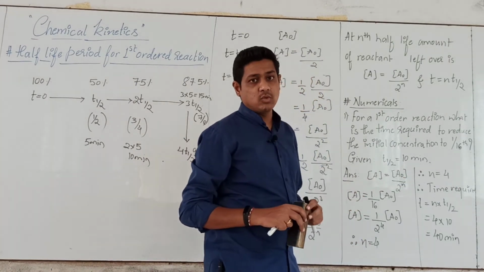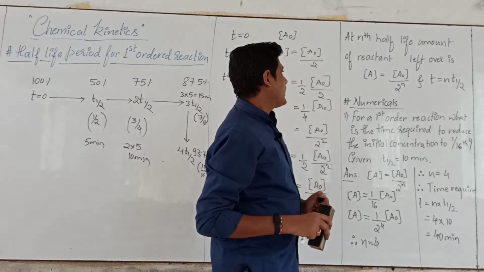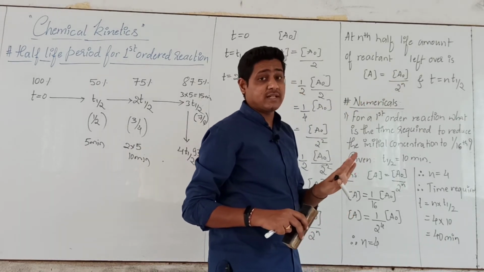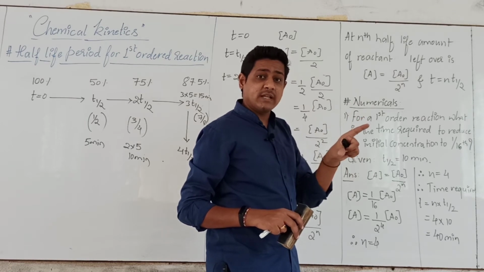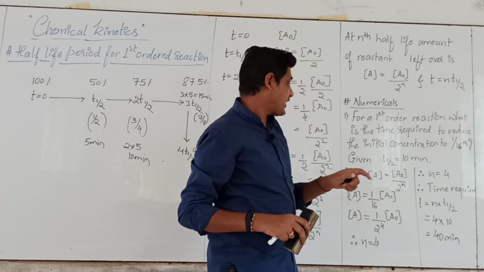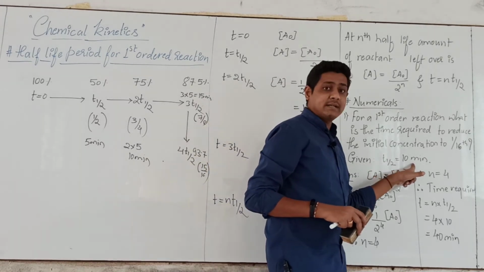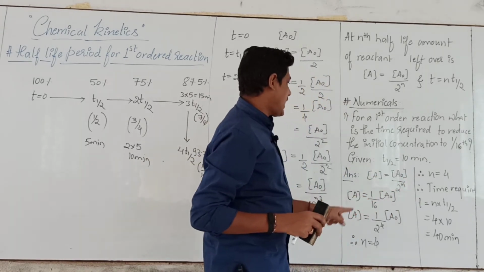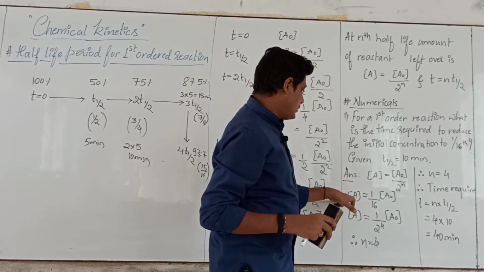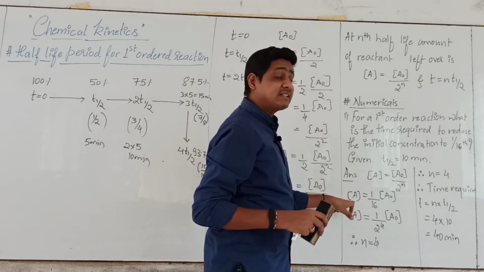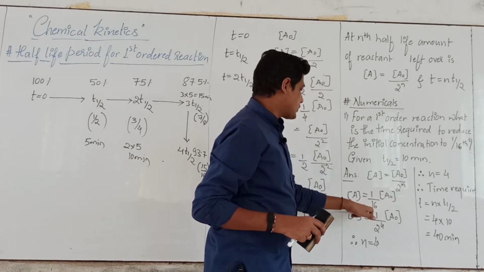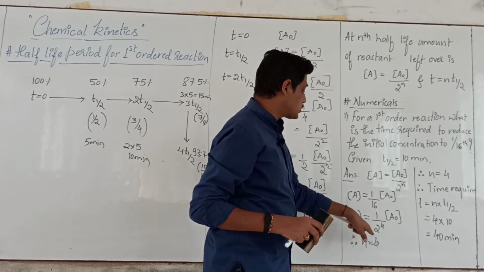What they are asking is, if 1/16th of the initial concentration is remaining, what is the time consumed if the half-life is 10 minutes? So how can we solve? See, they have already given you that the concentration of the reactant is 1/16th of the initial concentration, isn't it? So this 16 we have to convert into 2 to the power.